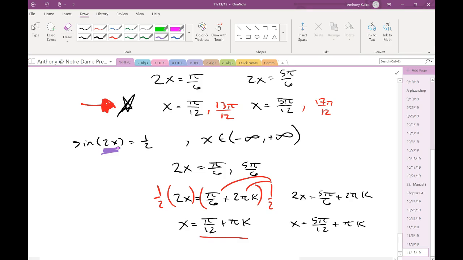But these problems, where I have a coefficient on my x, are problems where I would do the part B of the homework first, and then use that answer to get your parts like C and D. Okay?